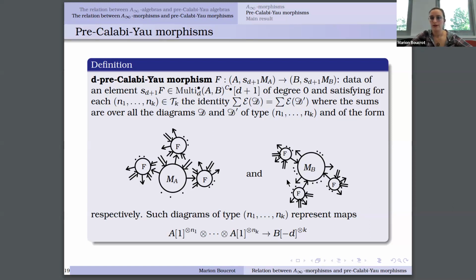I don't know if it's understandable, but the condition is just requiring that a particular case of those diagrams is equal to the particular case of this diagram.